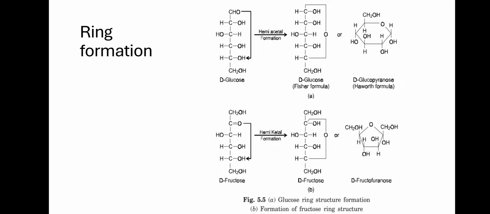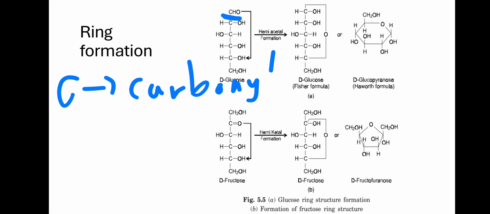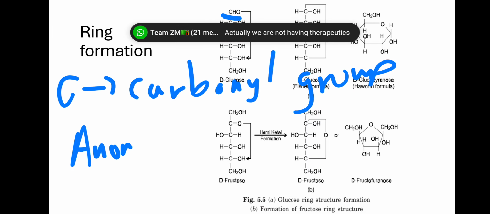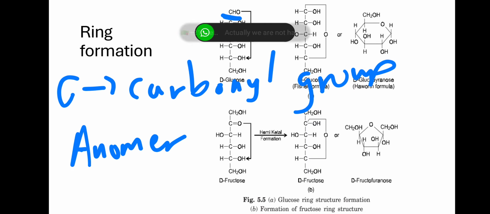So have we seen this carbon here? So if you have this carbon that's double bonded to the O, the carbon that forms your carbonyl group, it has a name. We call this the anomeric carbon.